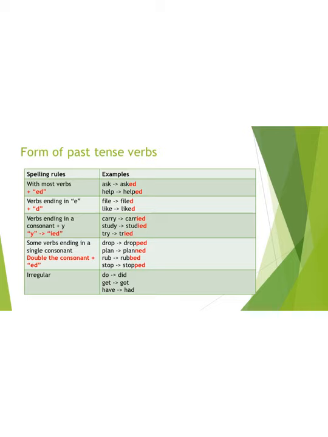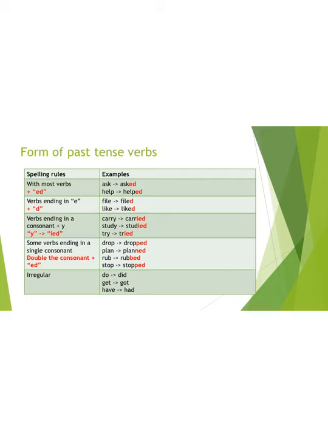For verbs ending in a consonant, which means letters except the vowels, and with a y at the end of the word, we need to change the y into ied. And for some verbs ending in a single consonant, we need to double the consonant and plus ed, as you can see in the examples.